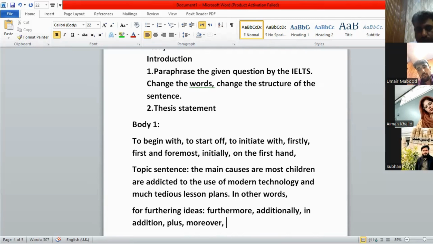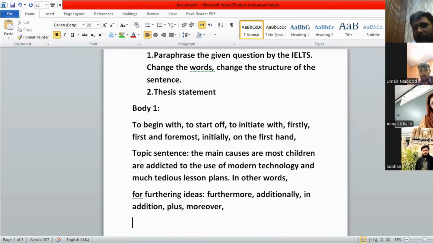As well as, to add in it. Okay, as well as, but that is not for furthering the ideas. Clear? So these are some of the cohesive devices.